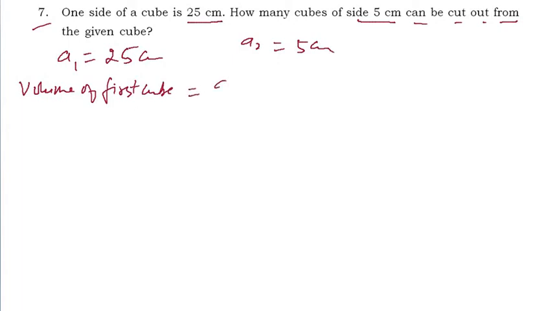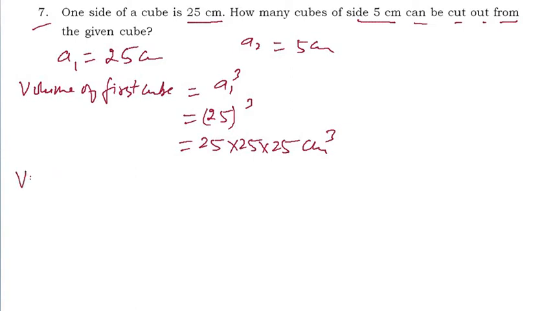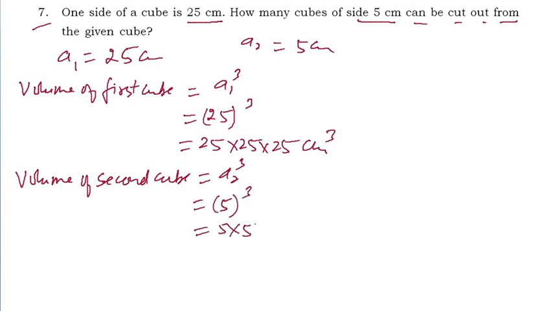Volume of first cube is 25 cube, that is 25 into 25 into 25 centimeter cube. Now volume of second cube is A2 cube. So put the value of A2, that is 5. So 5 into 5 into 5 centimeter cube.